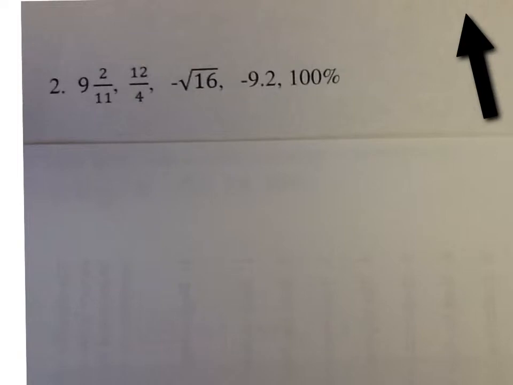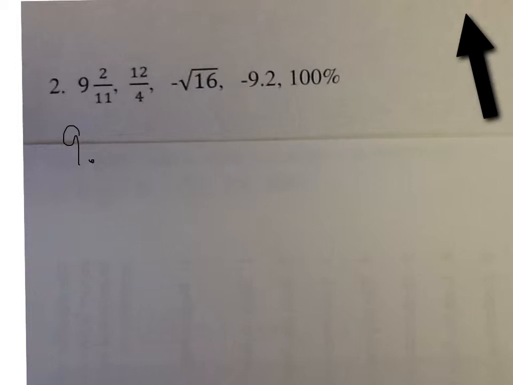Okay, the next set of rational numbers we're going to put in order from least to greatest is number 2. So let's remember we want to change all of the numbers to the same form. We're going to use decimal form today. So how do I change a mixed number? I write the integer. And then I do top divide bottom.